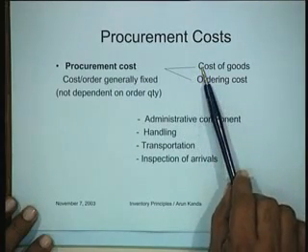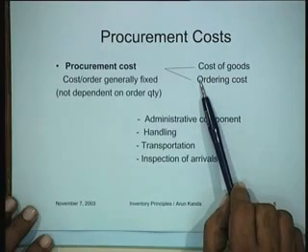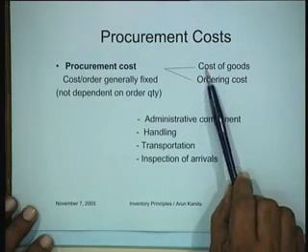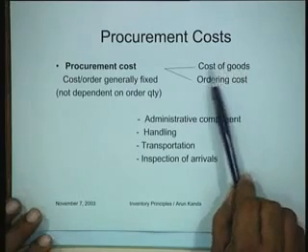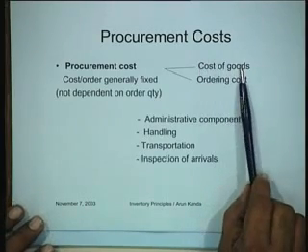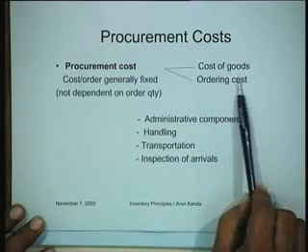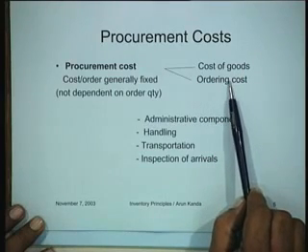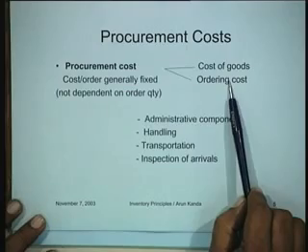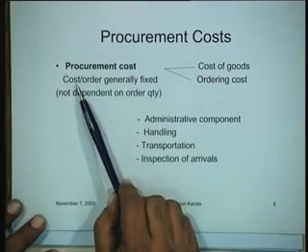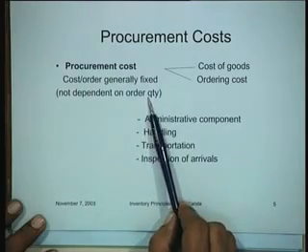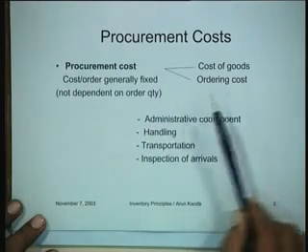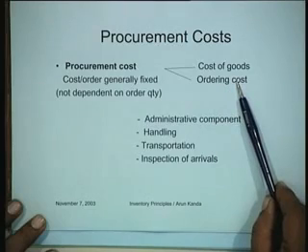One is the cost of goods, the second is the ordering cost. Cost of goods is the price of the item that you pay, and therefore this is the cost that you incur anyway. And the ordering cost is in fact the cost that you incur in placing the order. And here of course we had said that cost per order is generally fixed and is not dependent upon the order quantity. I hope you are convinced of this.